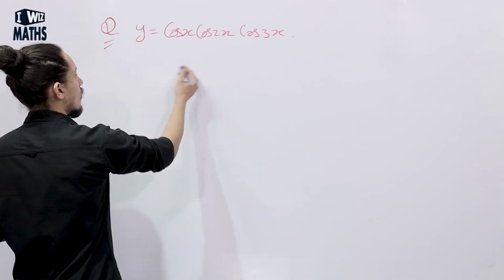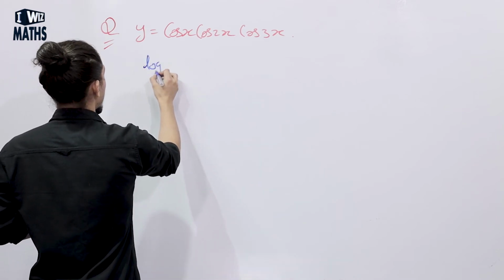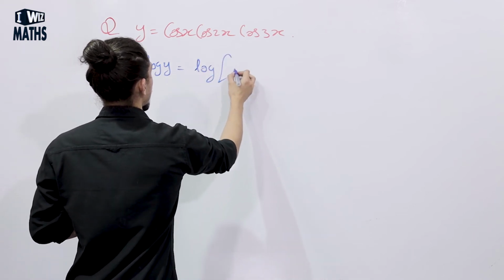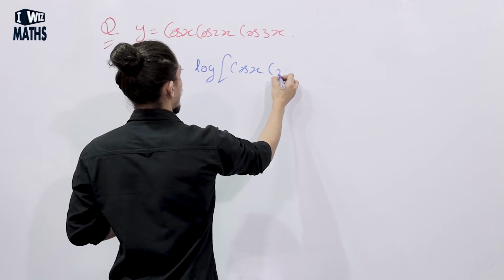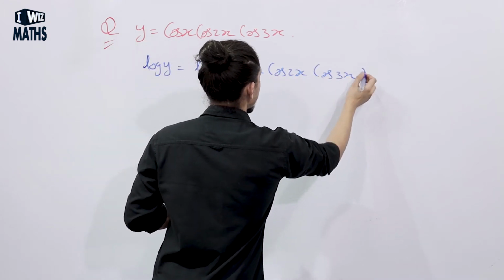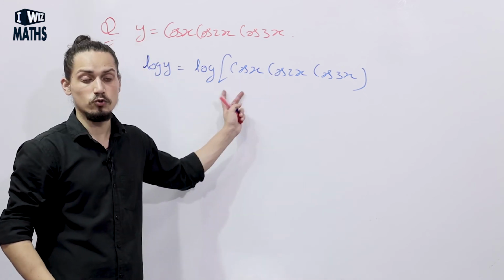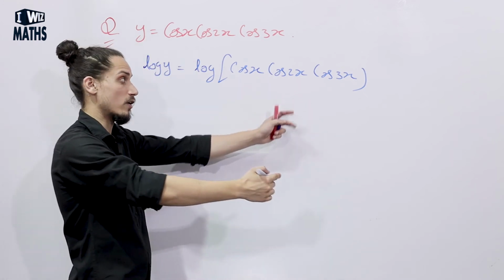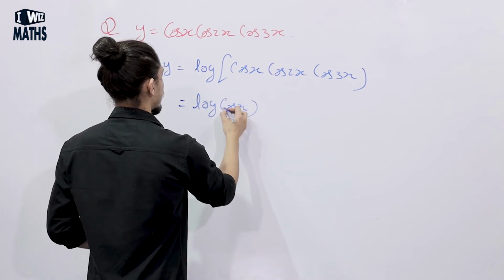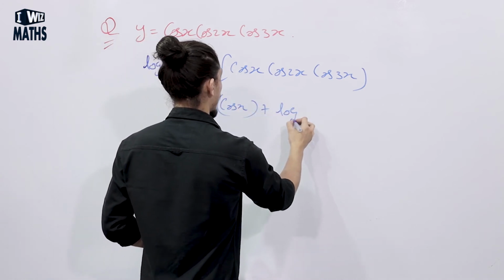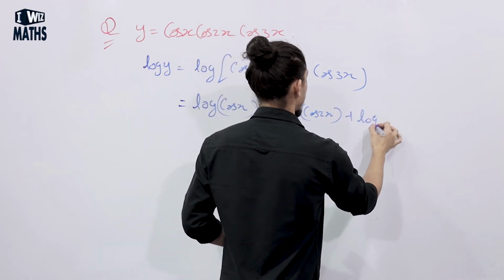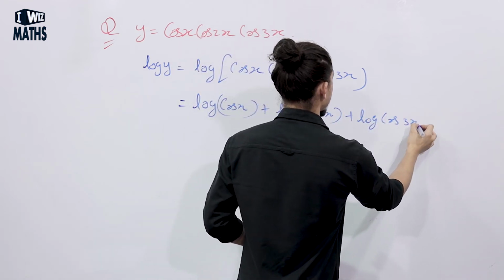So taking log on both sides we get log y is equal to log of cos x cos 2x cos 3x. Now these three functions are in multiplication, so the log of all three will become separate with a sign of addition. So we get log cos x plus log cos 2x plus log cos 3x.